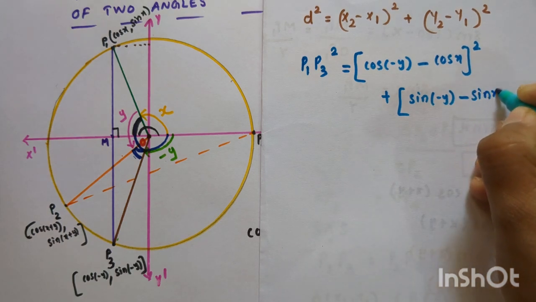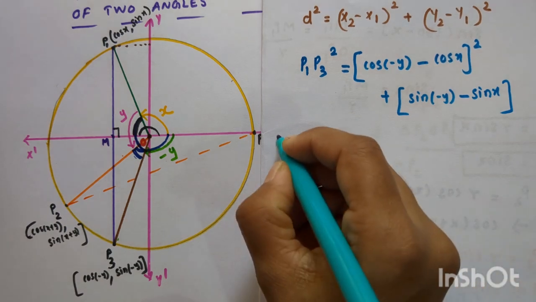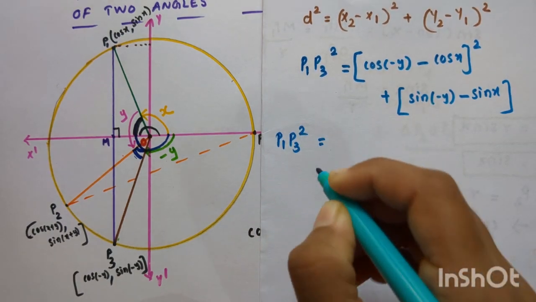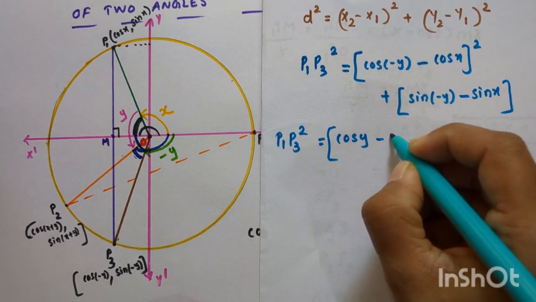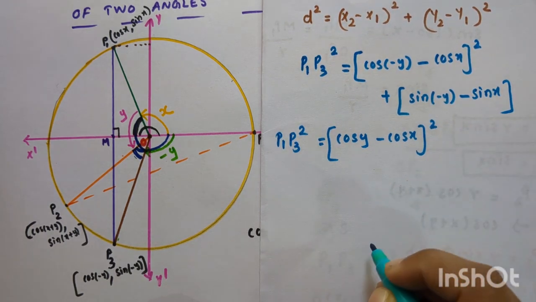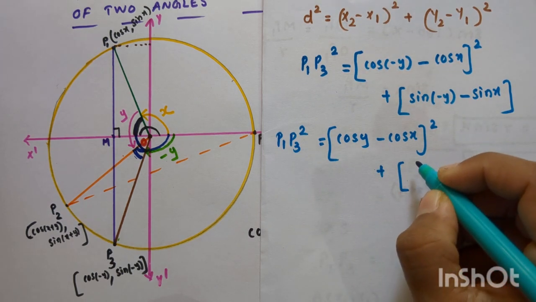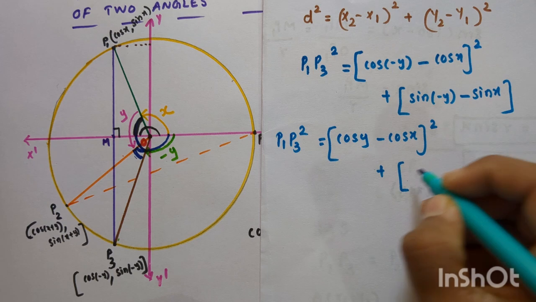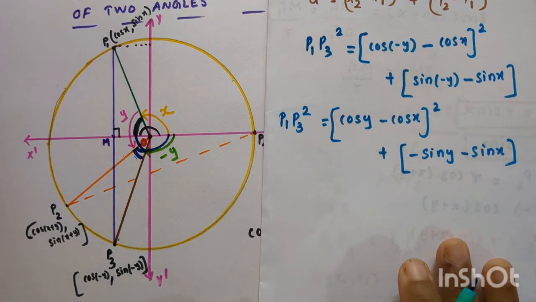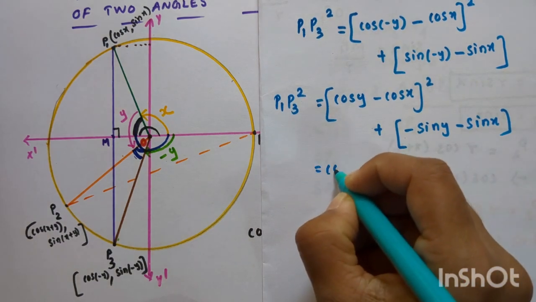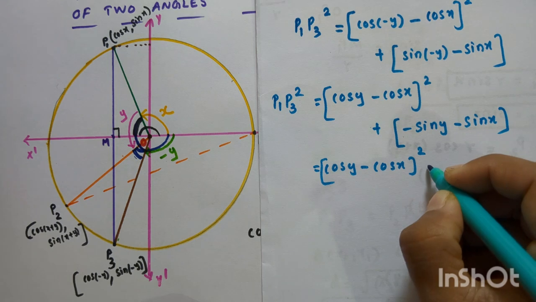So this can also be written as P1 P3 square is equal to cos of minus y, which is actually cos y, minus cos x whole square, plus sin of minus y, which is actually minus sin y, minus sin x, all square. So this can be written as cos y minus cos x all square.